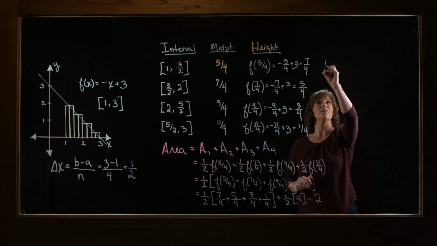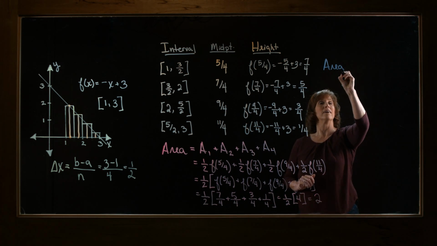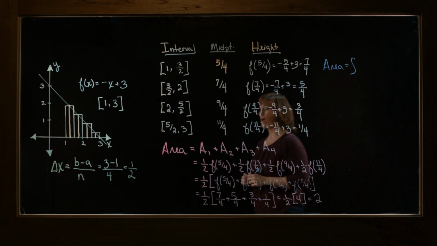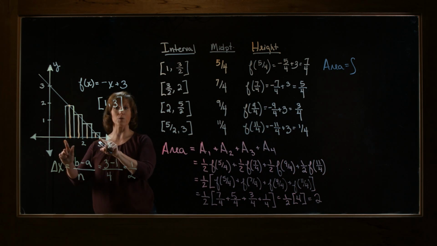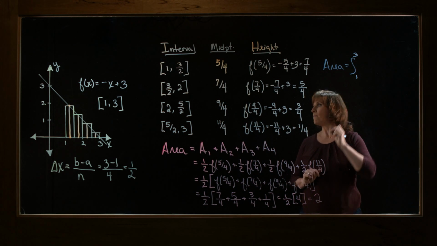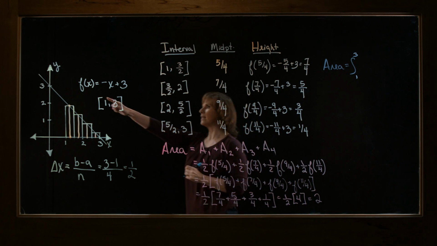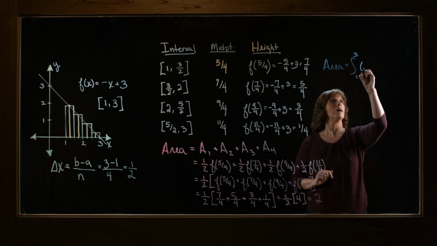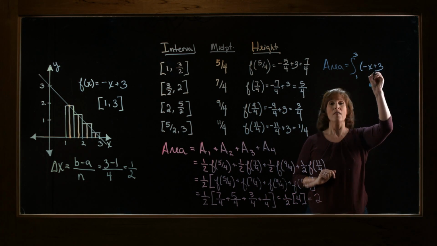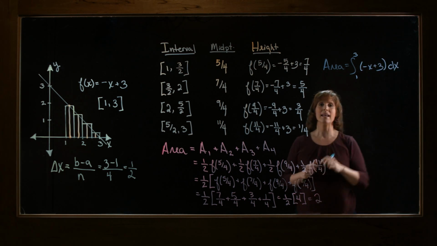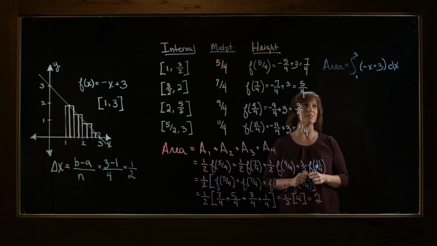I can also calculate the exact area by doing the integral. And I'm going to be integrating from 1 to 3. And my top function is minus x plus 3. The bottom function is 0, so I'm not subtracting anything. And I simply have the integral of minus x plus 3 dx.